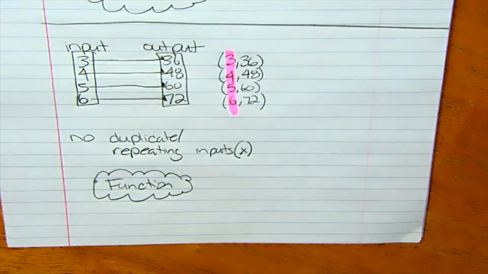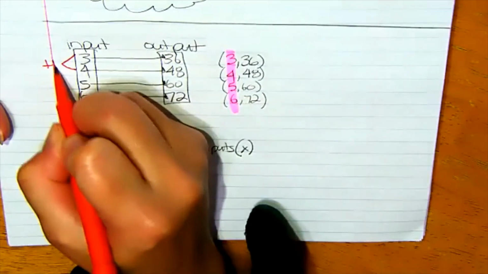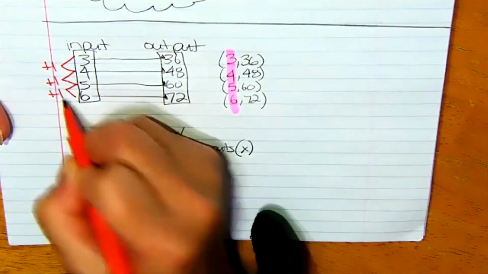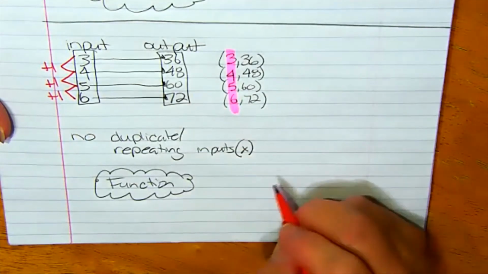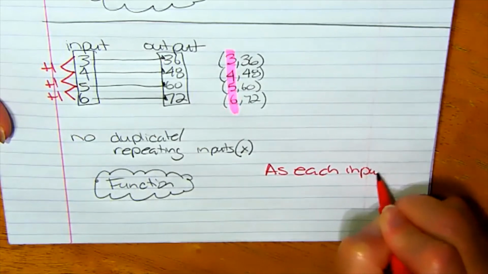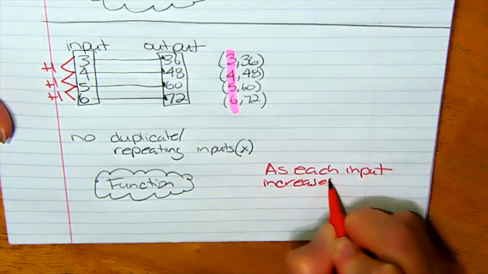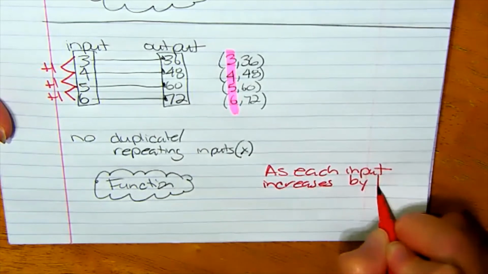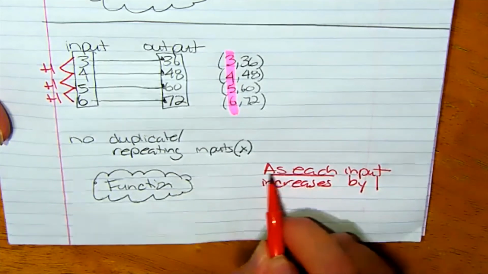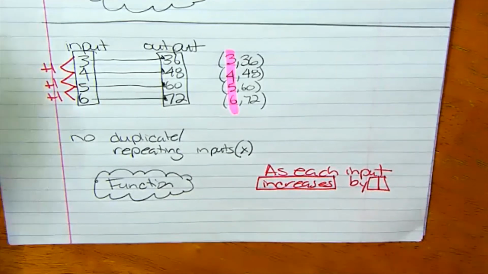So I'm going to look at my inputs first. 3 to 4 is +1. 4 to 5. 5 to 6. Okay. As each input increases, because it's getting larger, by 1. So when you write it, it's either going to be increases or decreases, and by how many?